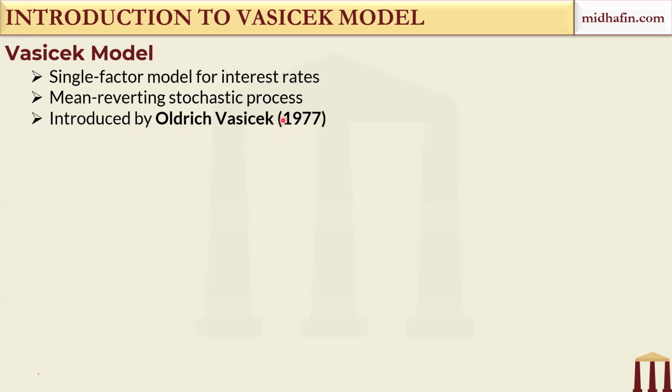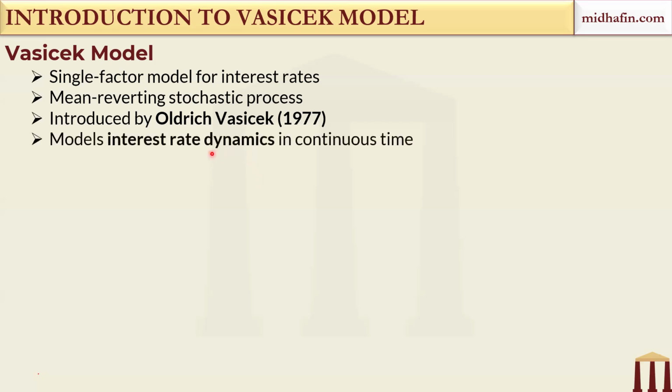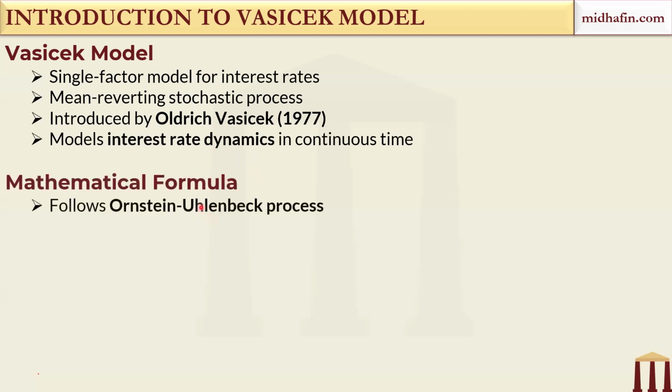Okay, now let's get a little bit into the math behind it, not deeply. Don't worry, I'll try to keep it as simple as possible. Mathematically, it is based on something called the Ornstein-Uhlenbeck process.